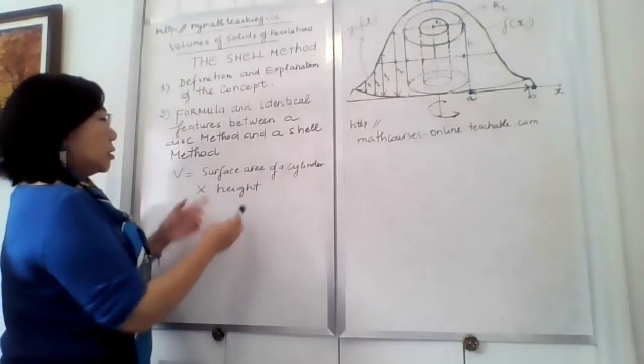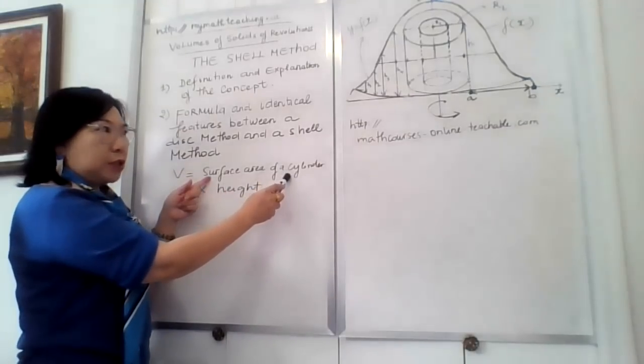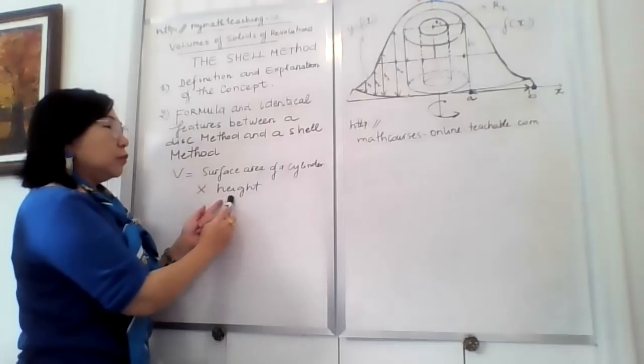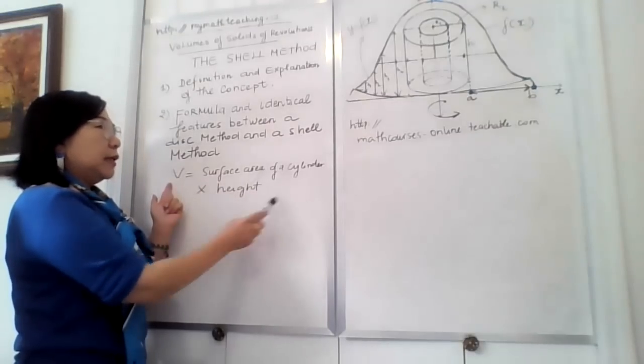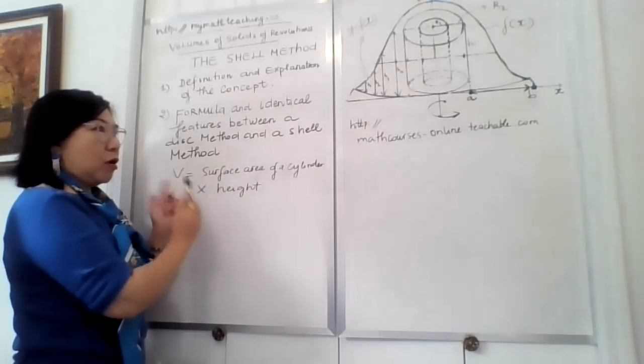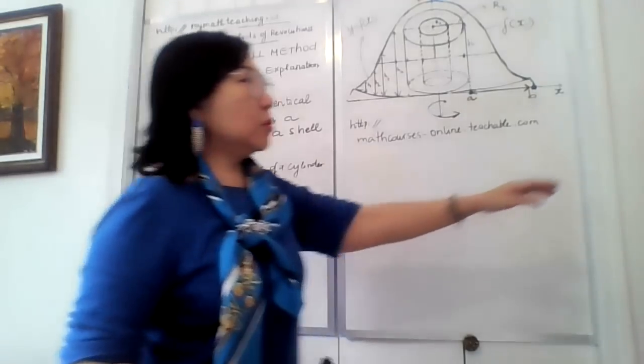So surface area is two dimensions, right? Times the height, which is another dimension, to form a volume. And this is the formula for all the objects, right?